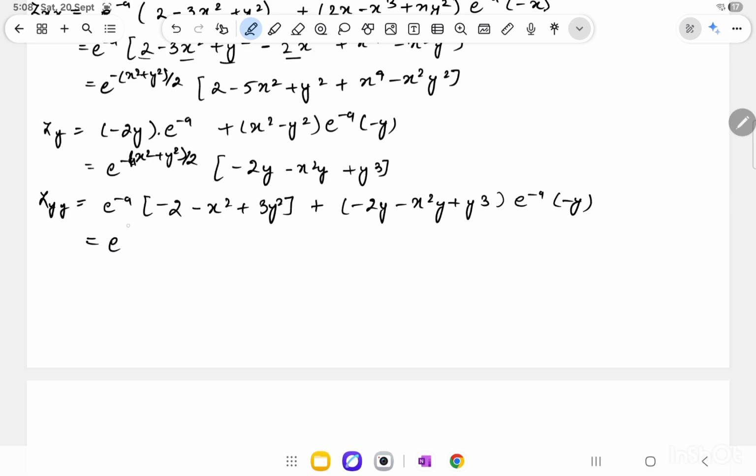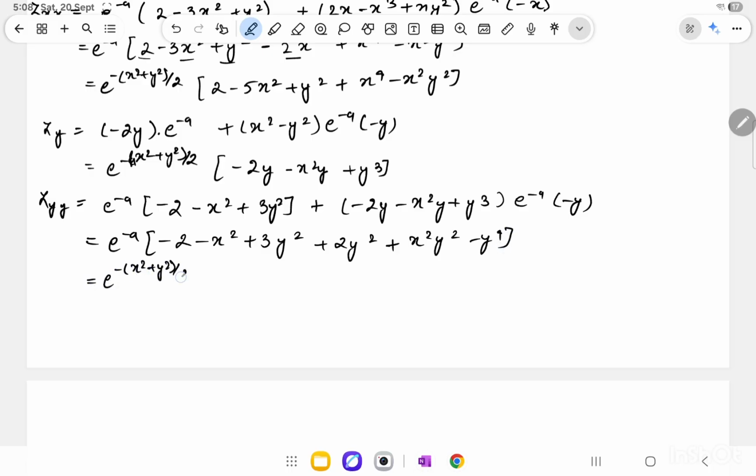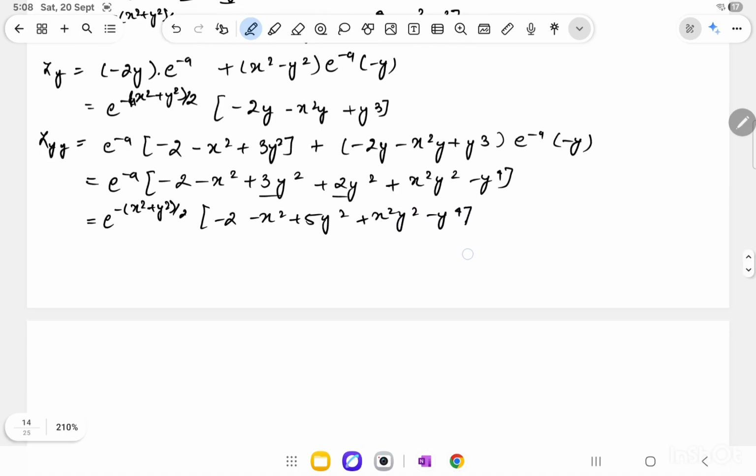So I can pull out e raised minus a, and I'll get minus 2 minus x square plus 3y square plus 2y square plus x square y square minus y raised 4, and this will be equal to e raised minus x square plus y square divided by 2 into minus 2 minus x square plus 5y square plus x square y square minus y raised 4.